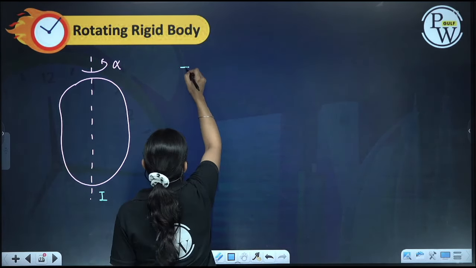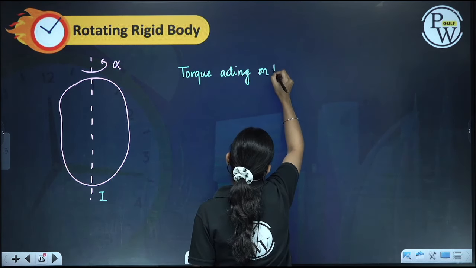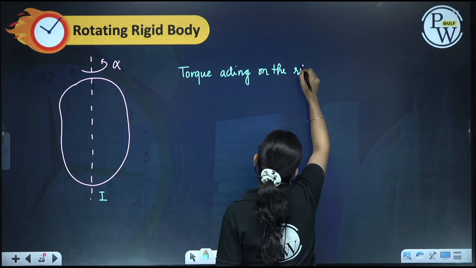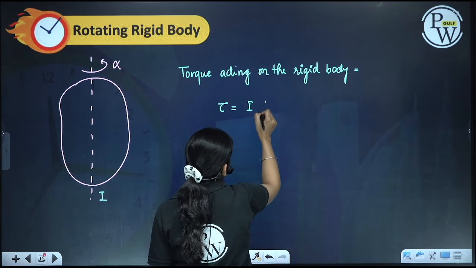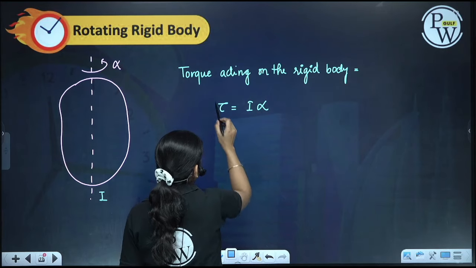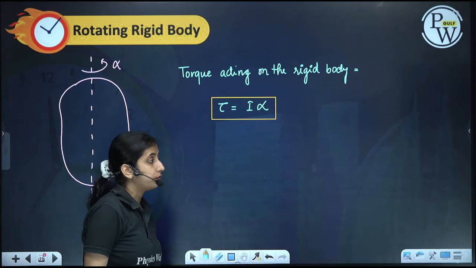Then the torque acting on the body is given by torque is equal to I into alpha. Okay, torque is equal to I into alpha.